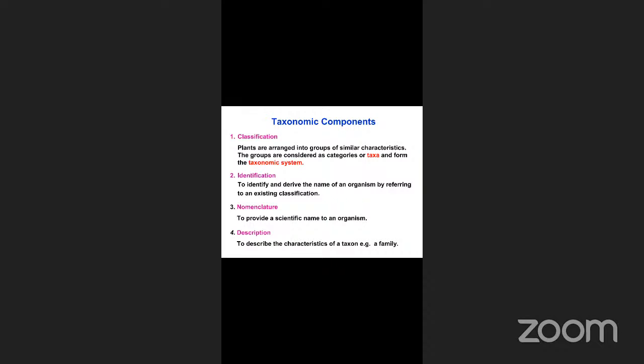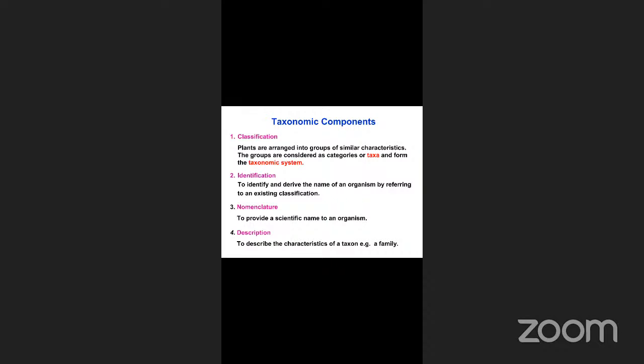The summit was conducted in Sydney and proposed new rules, commonly called Sydney rules. Next, 1987, the summit name is Berlin Code, informally the Berlin Code.